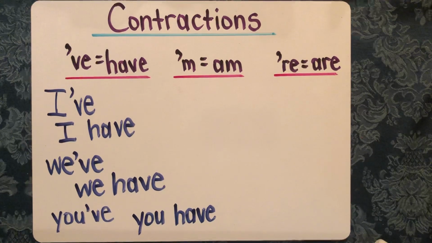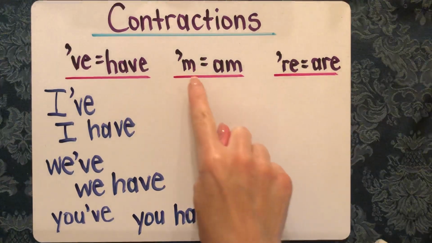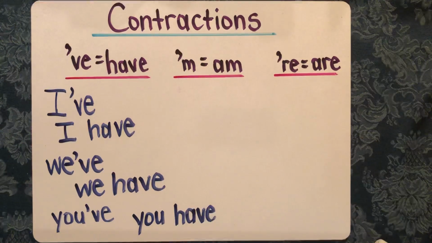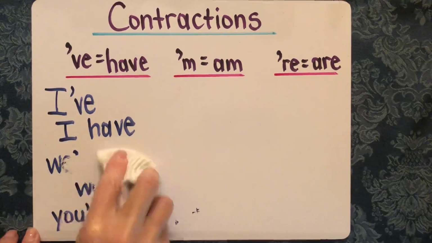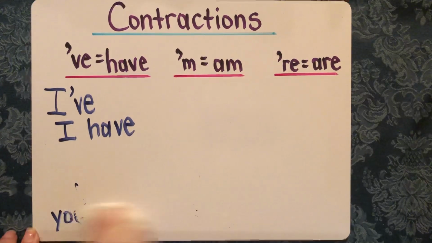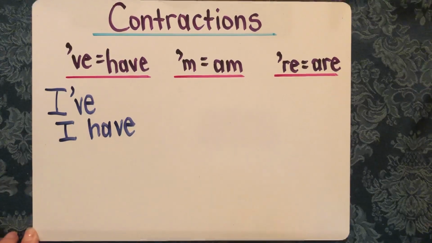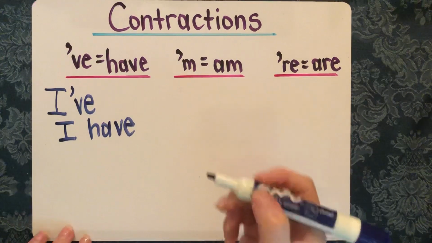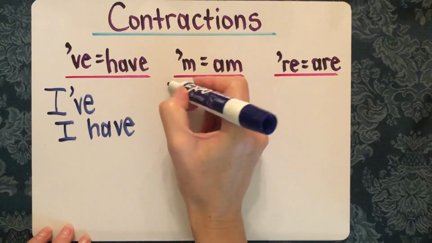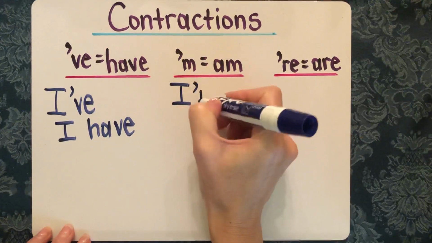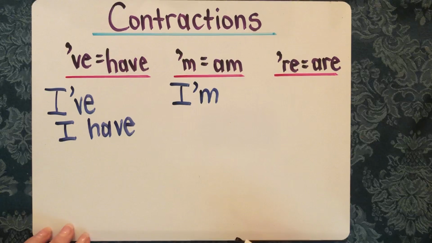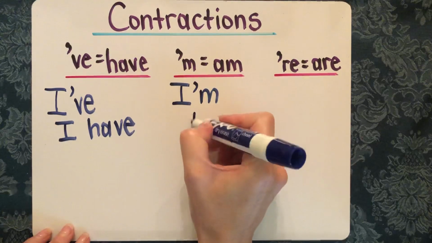Let's look at some more examples now using the contraction apostrophe M. And I'll make myself some more room here. If I were to write the word I'm, that is a contraction, and it is the short way of saying I am.